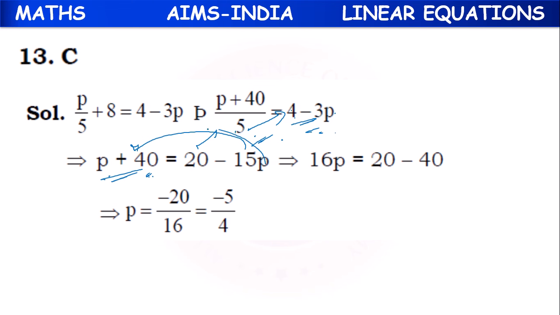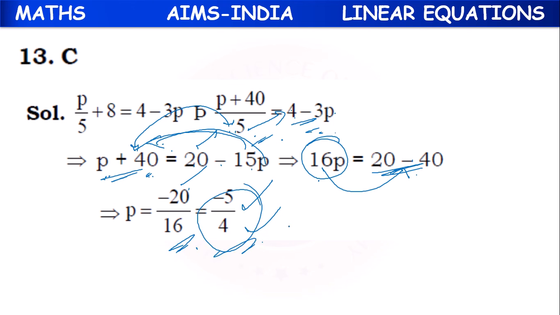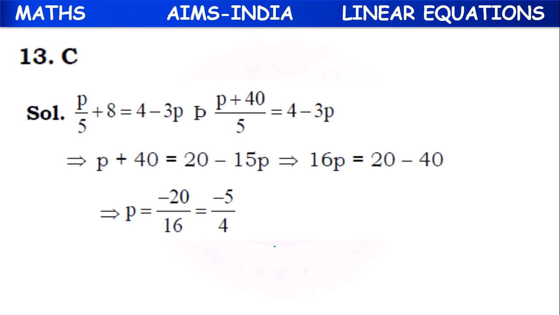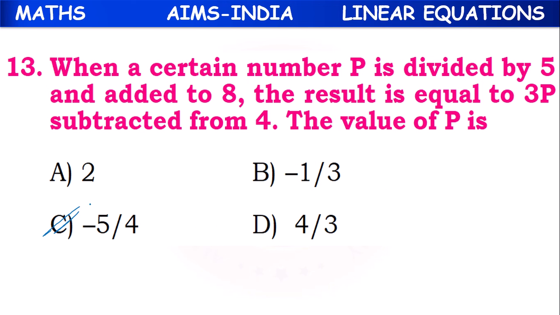Minus 15p, if it goes towards left hand side, plus 15p plus p, it will become 16p. 40 comes towards right hand side: 20 minus 40, which is equal to minus 20. This 16 will come down: minus 20 by 16. 4 5 times, 4 4 times. So minus 5 by 4 is the answer. Option C, minus 5 by 4 is the answer.